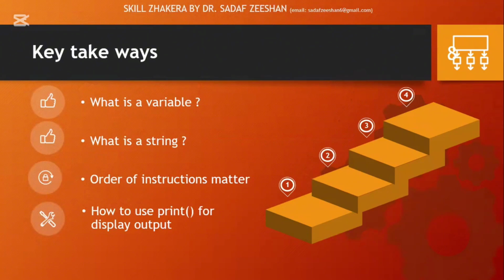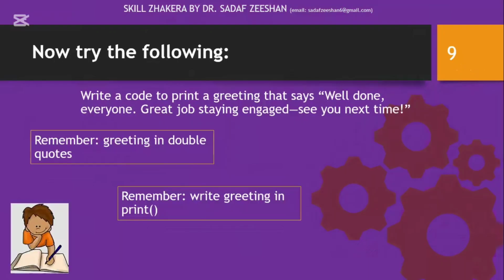Just like if you mess up the order of your ingredients in making a sandwich, the sandwich can turn out slightly ill-mannered. Just like you have to follow the instructions correctly for making a sandwich, you have to follow the correct instructions for writing Python. And finally, you also learned how to use the print function to display certain outputs.